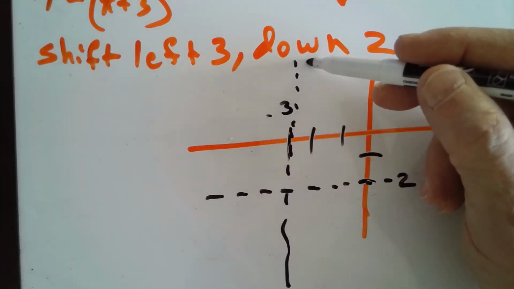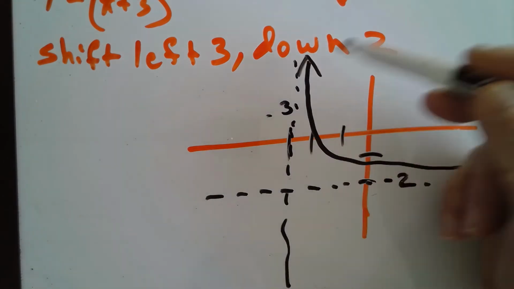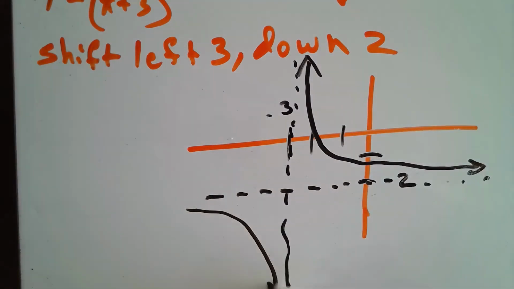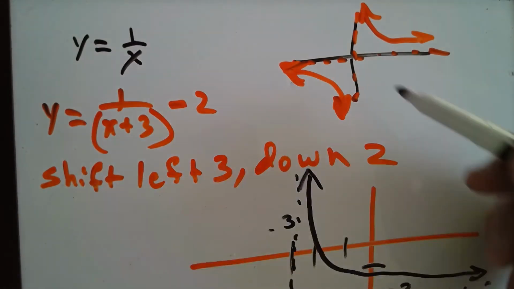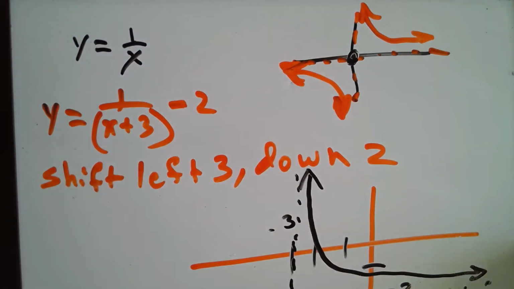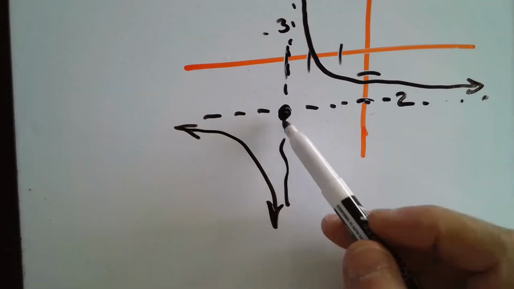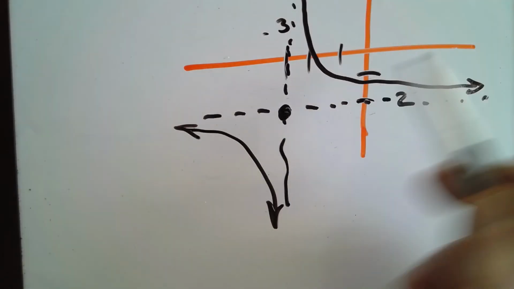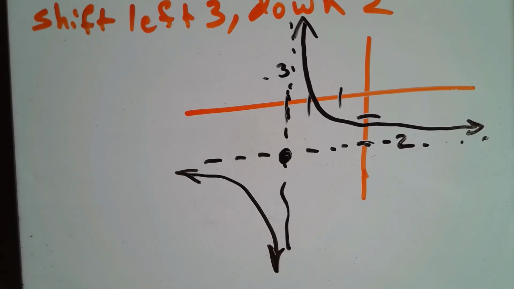So that curve is just going to hug those asymptotes. Wherever they go, the curve follows. Okay? And so this point right here, the crisscross, right? This point here was started at the origin, and now that point has shifted left 3 and down 2, and so the curve just follows that. And that's our graph. All right, questions there?